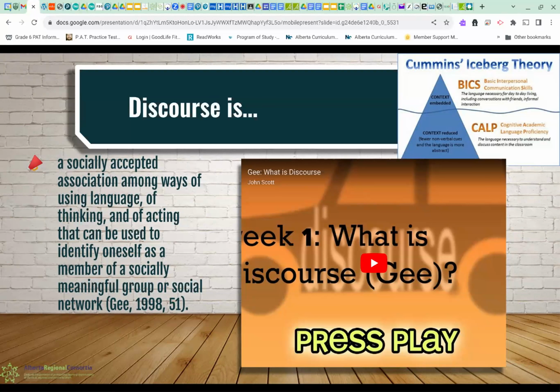And when we tie that to that iceberg theory from Cummins, then we have the discourse that we use for those interpersonal communication skills, which usually is that primary discourse, or there's the secondary discourse when we're starting to use that cognitive academic language proficiency and building that up.